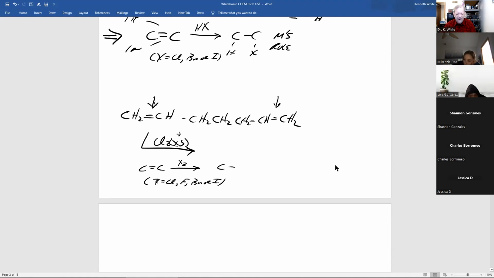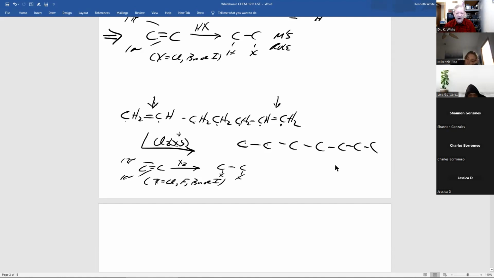And if you have a double bond, which is 1 pi bond, 1 sigma bond. Remember, sigma bonds, single bonds, you don't break. But pi bonds you break. So I have 1, 2, 3, 4, 5, 6, 7 carbons. I better end up with 7 carbons.